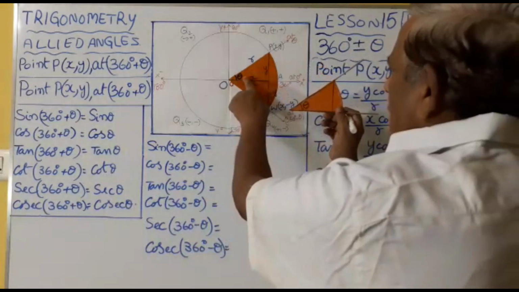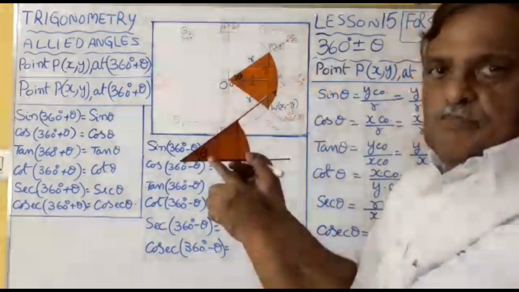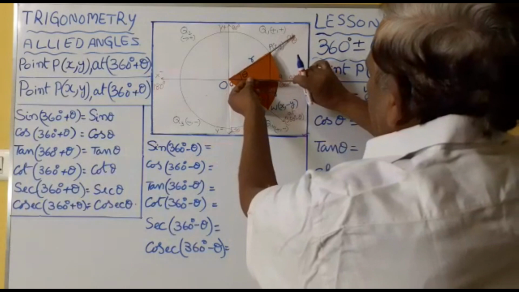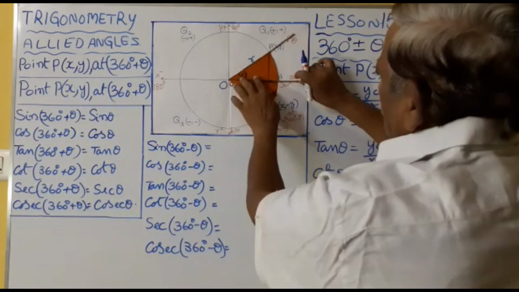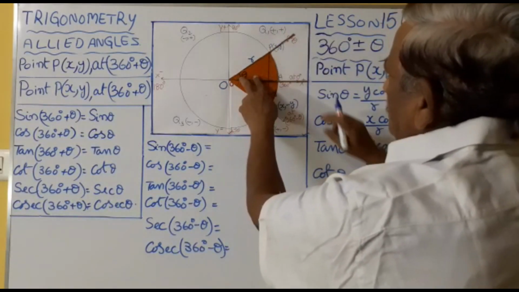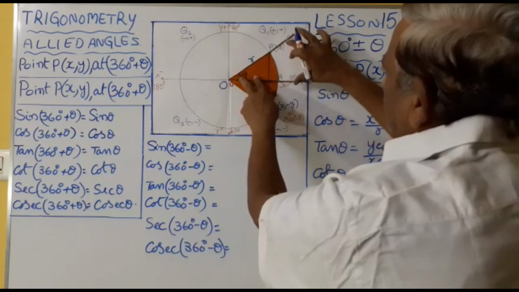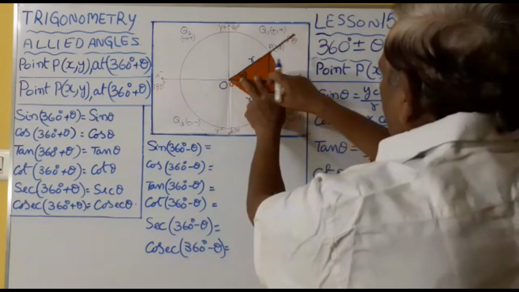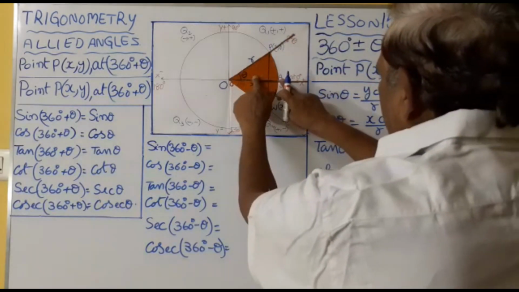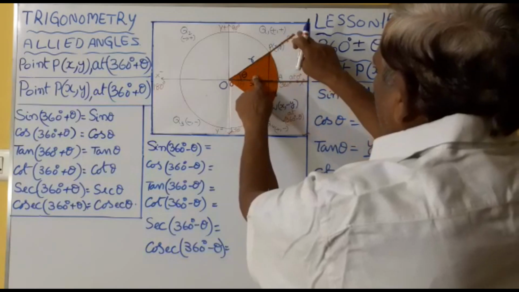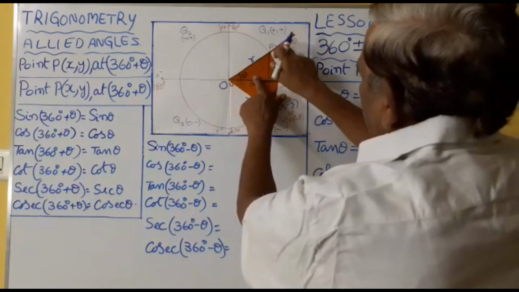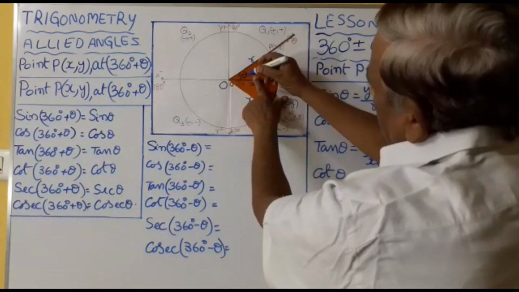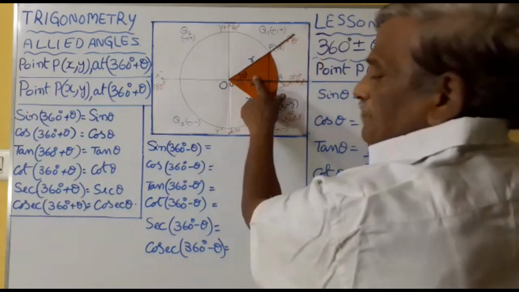This is also angle theta. Here, two sticks are attached at the edges of the sector. These sticks represent the rays, OP ray and OA ray. This ray is at 0 degrees and this ray is at angle theta.